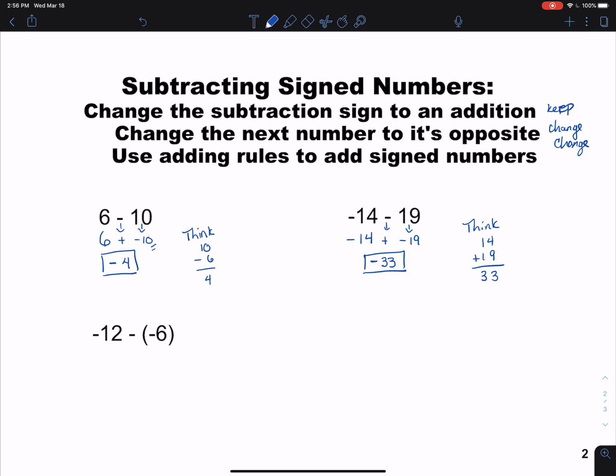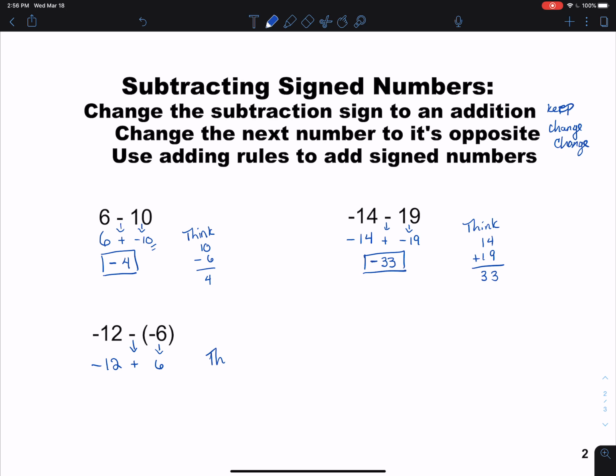If I look at negative 12 minus negative 6, this is an example of when that keep, change, change really helps because we have double signs floating around here. So that negative 12 stays the same, that minus turns into an addition, and that negative 6 turns into a positive 6.